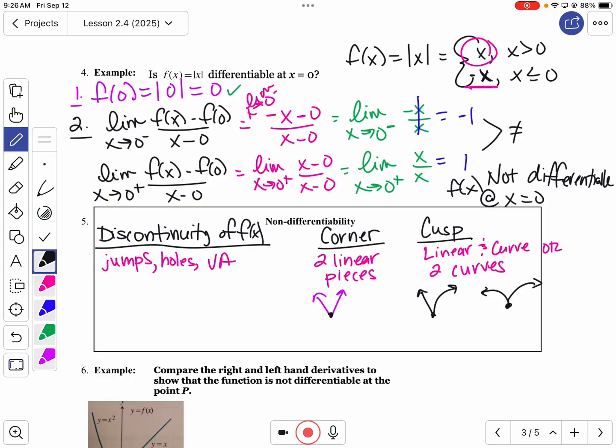Now, there's one more that we didn't actually see in the exercise we did today because it's kind of rare. Anytime that it happens, it's typically given to you in verbal form. It's called a vertical tangent. The best way I know to explain that is like a cube root function. Does anybody remember what a cube root function looks like? So cubic is the snake. What was cube root? Yeah, we turn it sideways, walk like the Egyptian.